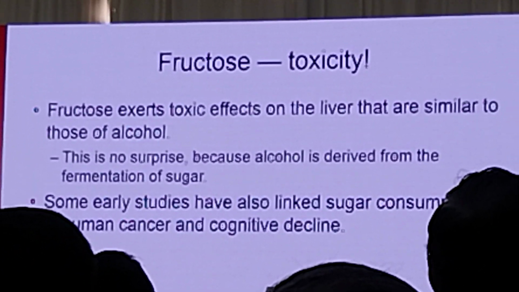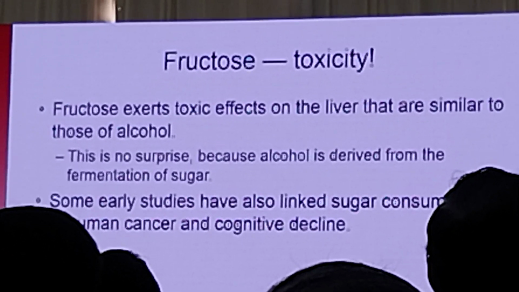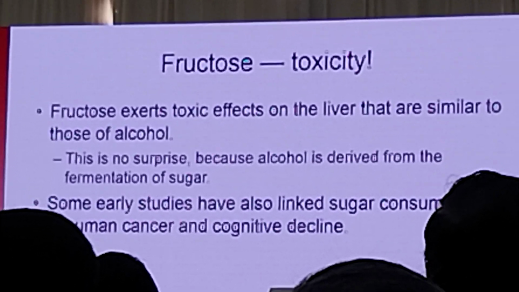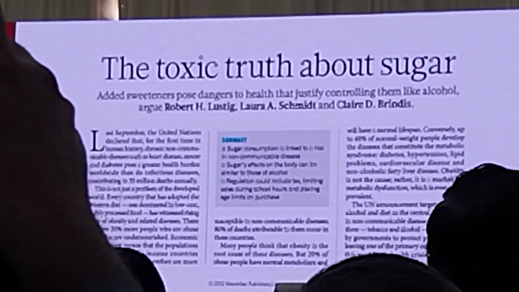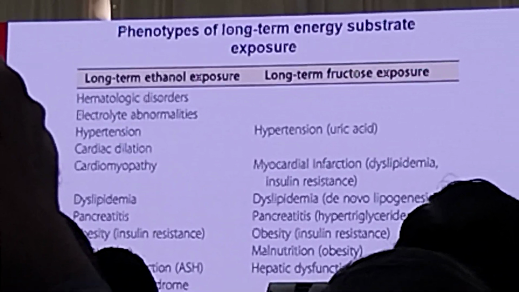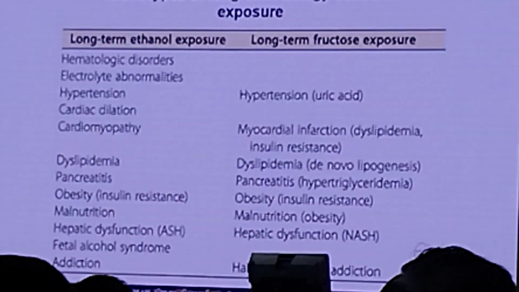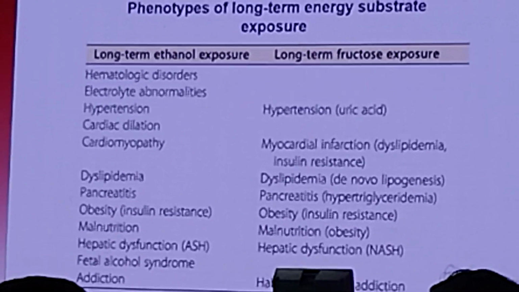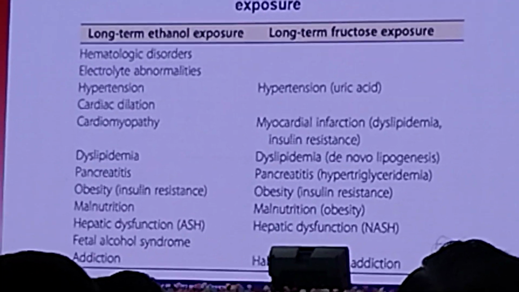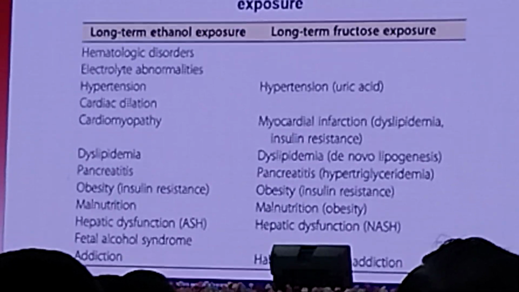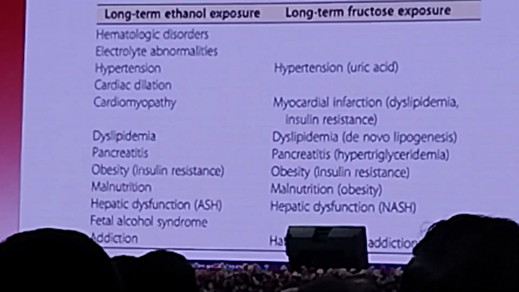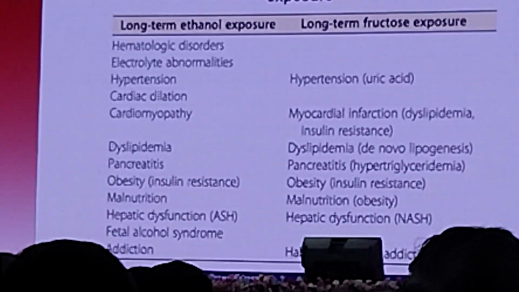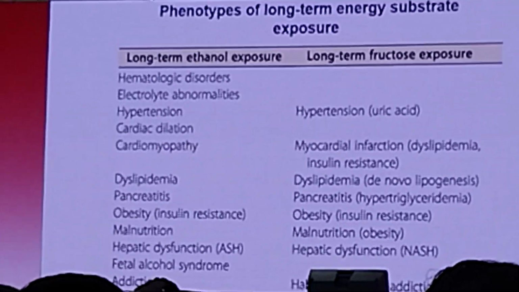It's no surprise that alcohol is produced from fermented sugar. Correct? So alcohol injury is the same. With long-term exposure to alcohol and to fructose, sugar, you have hypertension, cardiac disease, dyslipidemia, pancreatitis, obesity, malnutrition, hepatic dysfunction, and addiction and habituation. So this is what alcohol and sugar are.